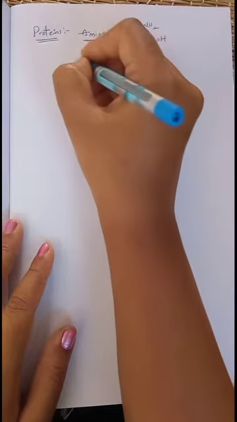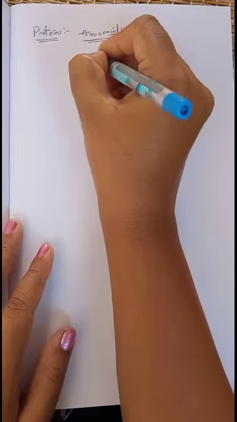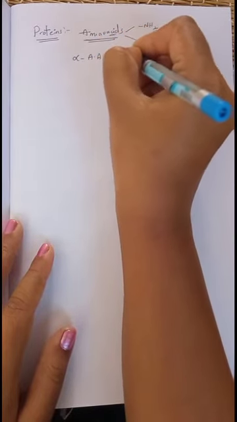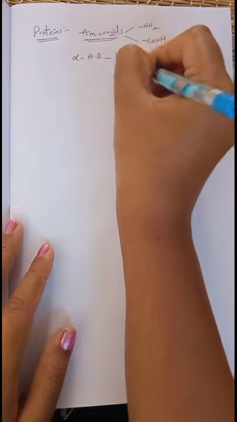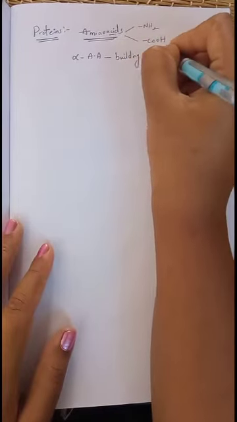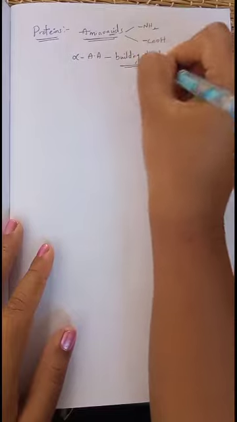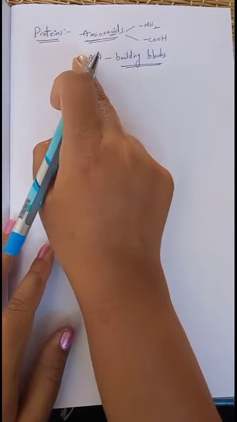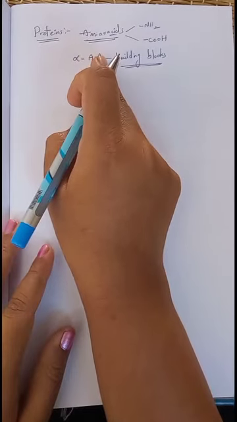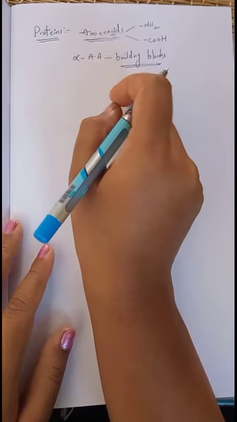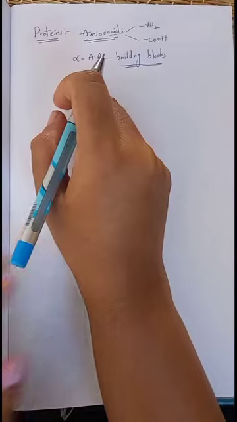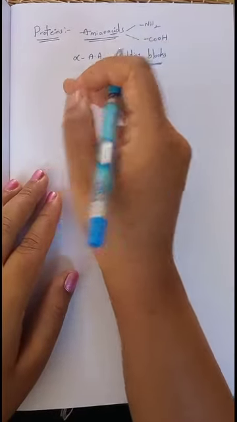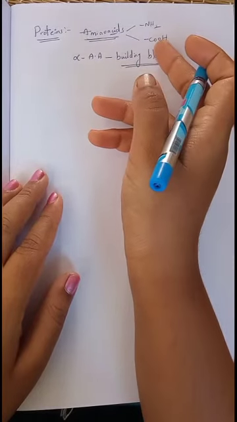Specifically, alpha amino acids are the building blocks of almost all of the proteins. That means proteins contain specifically alpha amino acids. Alpha amino acid means that with respect to the carboxyl group, the amine group is present at the alpha position, on the alpha carbon atom.